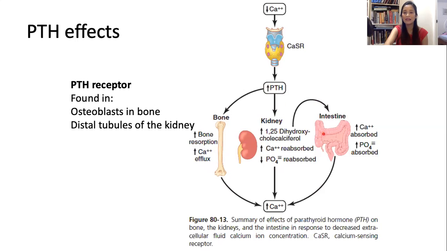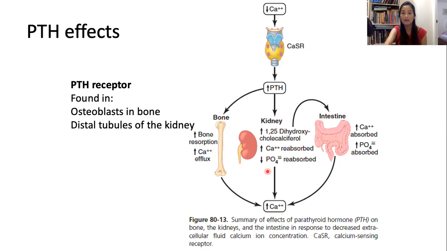In the kidneys, it acts by activating your vitamin D, and your vitamin D will now increase calcium reabsorption in the gut and increase phosphate reabsorption. But the direct action of your PTH on the kidney, on your calcium and phosphate, will be an increase in calcium reabsorption and a decrease in phosphate reabsorption, or corollary to that, increase in phosphate excretion.